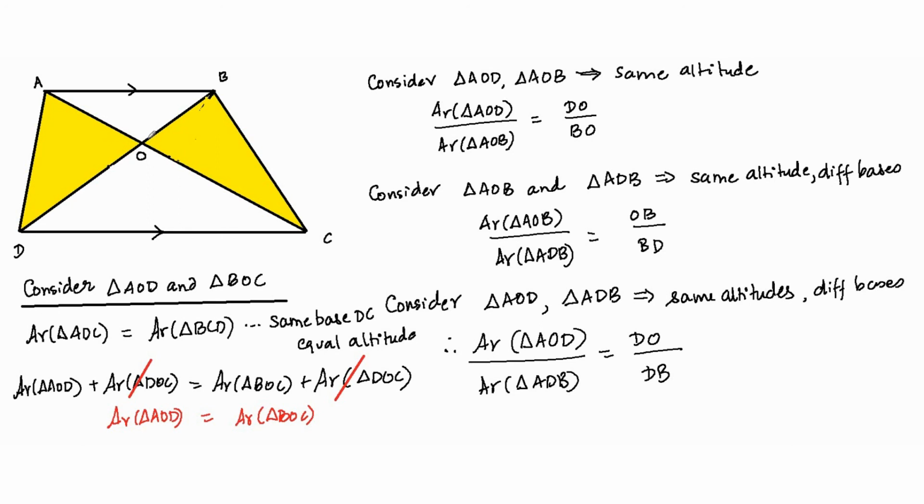Okay, so these are the different properties related to a trapezium, which will be useful when we solve problems. The different concepts that we used were triangles with same base, same altitude, different bases, different altitudes, and of course in the last one we just used the area propositions.